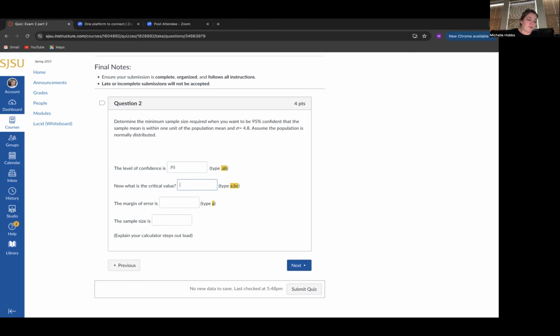Calculating the critical value is going to be 1 minus 0.95, which equals 0.05. Then you take that and divide it by 2, which is 0.025. Therefore, the critical value comes out to 1.96.